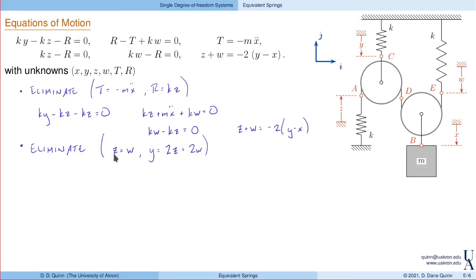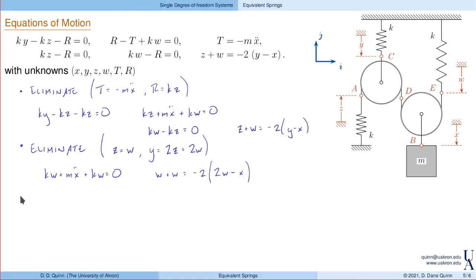So let's eliminate z and y from these equations. We've taken care of that one. This equation becomes k times w plus mx double dot plus k times w equals 0. This I used to identify z and w. And then finally, my constraint equation becomes w, that was z, plus w, from here, equals minus 2 times y minus x. Well, that's 2 times w minus x.